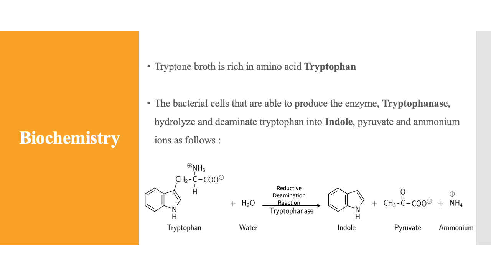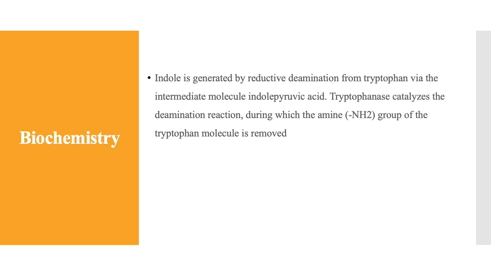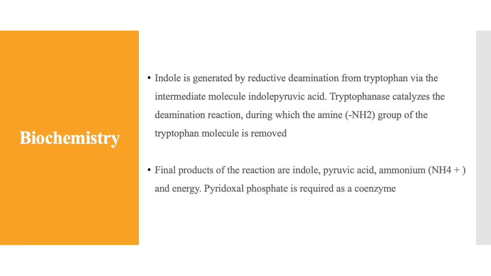Friends, indole is generated by reductive deamination from tryptophan via the intermediate molecule indole pyruvic acid. Tryptophan undergoes a catalyzed deamination reaction, during which the amine group of the tryptophan molecule is removed. The final products that you get are indole, pyruvate, ammonium ions and some energy is released. This reaction is catalyzed in the presence of the coenzyme pyridoxal phosphate.